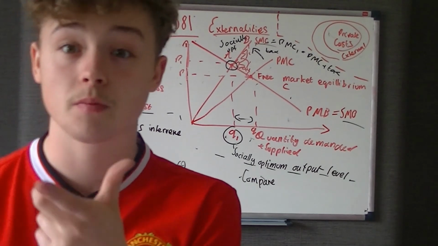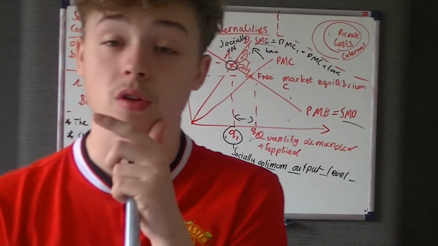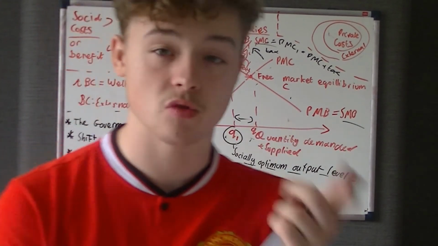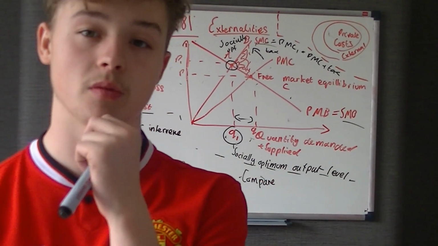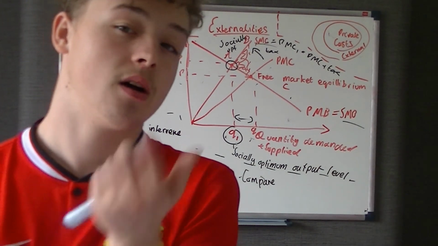The firms pass on a higher cost of production onto the consumer in the form of a higher price, P1. This means a contraction in demand equal to Q minus Q1 because firms want to maintain their profit margins.